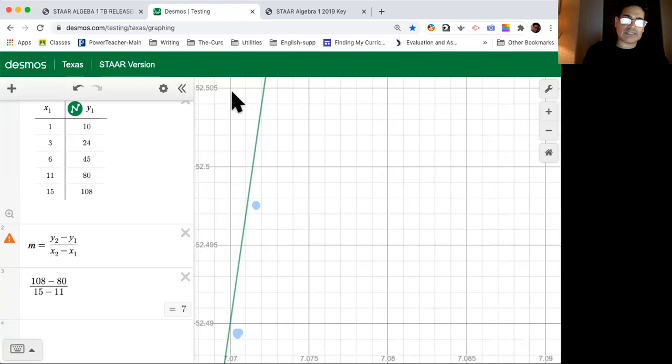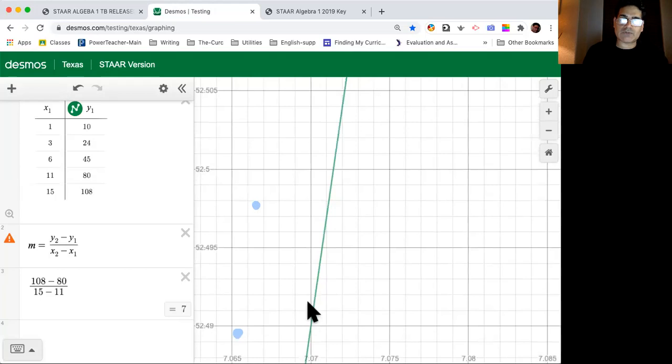So if you count these, let's say that you have 14 between this one and this one. And then you have 2, and 14 divided by 2 is 7. Then we have a slope of 7.